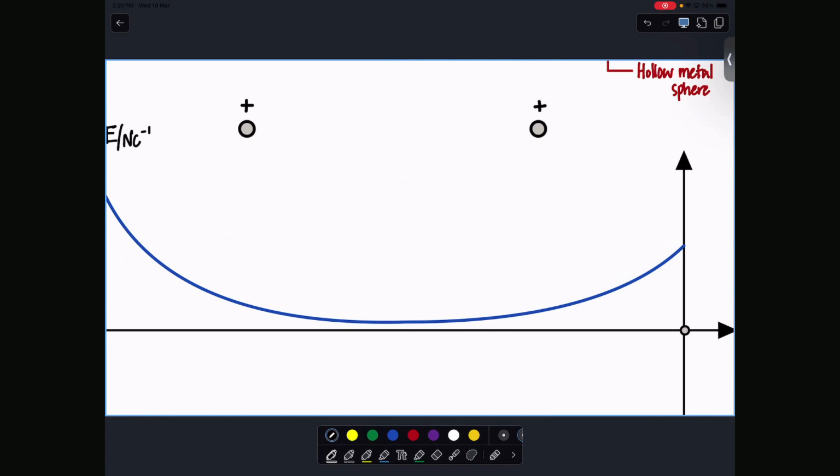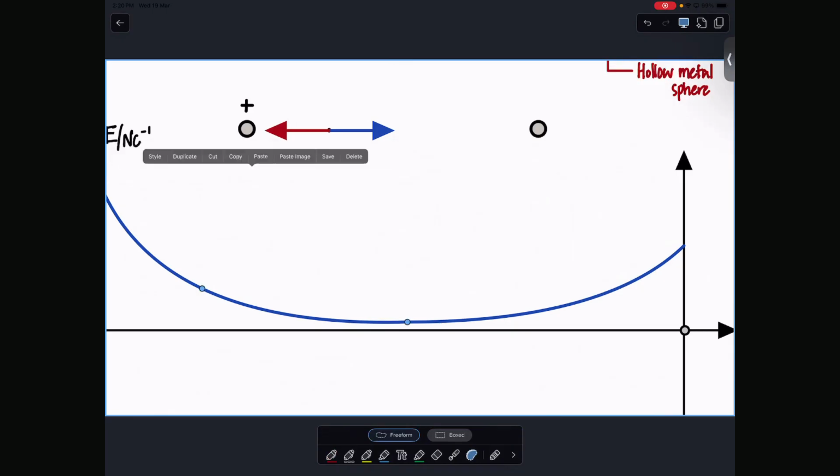There can be a location where this charge is experiencing repulsion from the one here and repulsion from the other one as well, and since the vectors act in opposite directions, there is a possibility that they will cancel each other. But if you look at the graph I've provided here, there's a low value, though it's not zero. What does that mean? It means there is a consistent force acting on this object in the same direction.